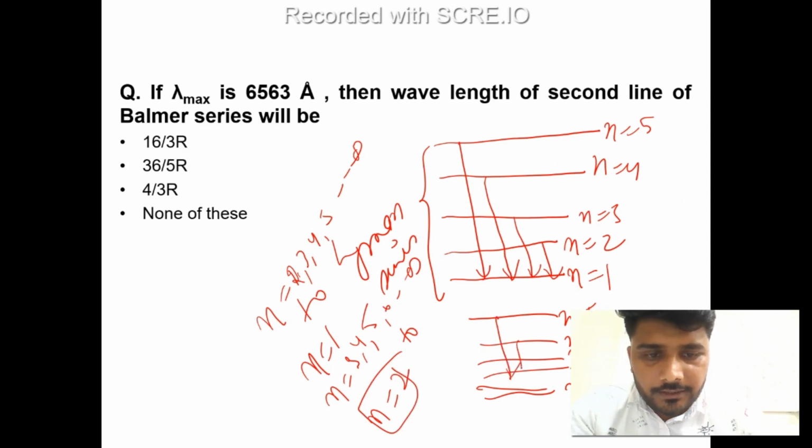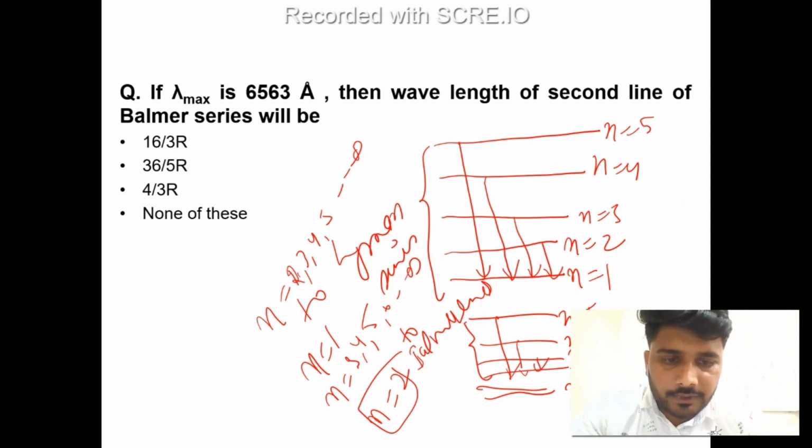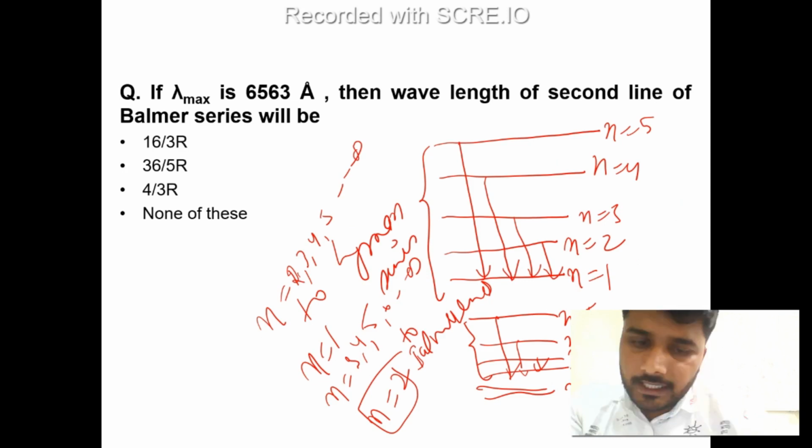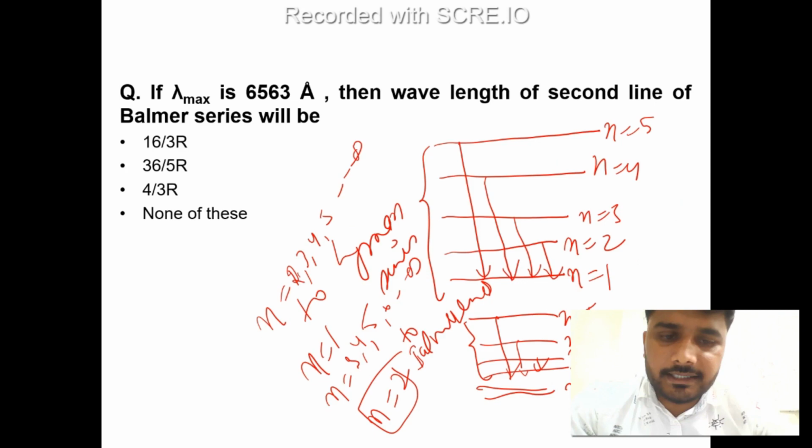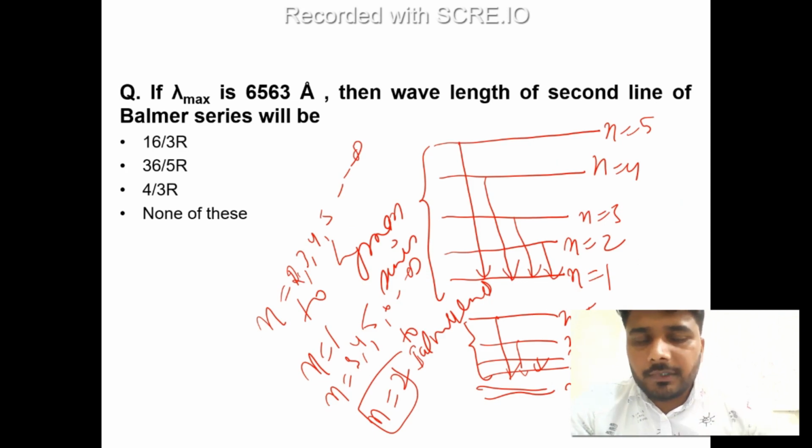Like this, these will be called the Balmer lines.